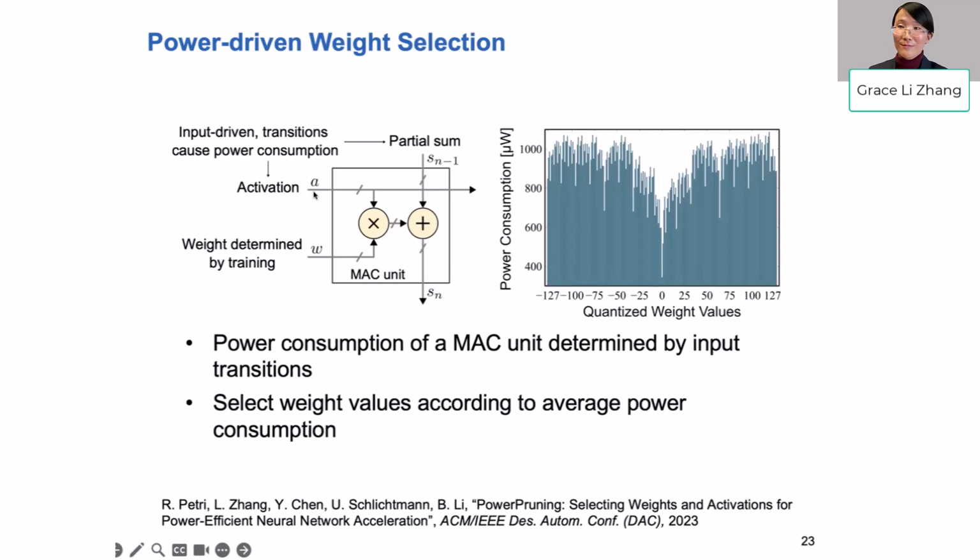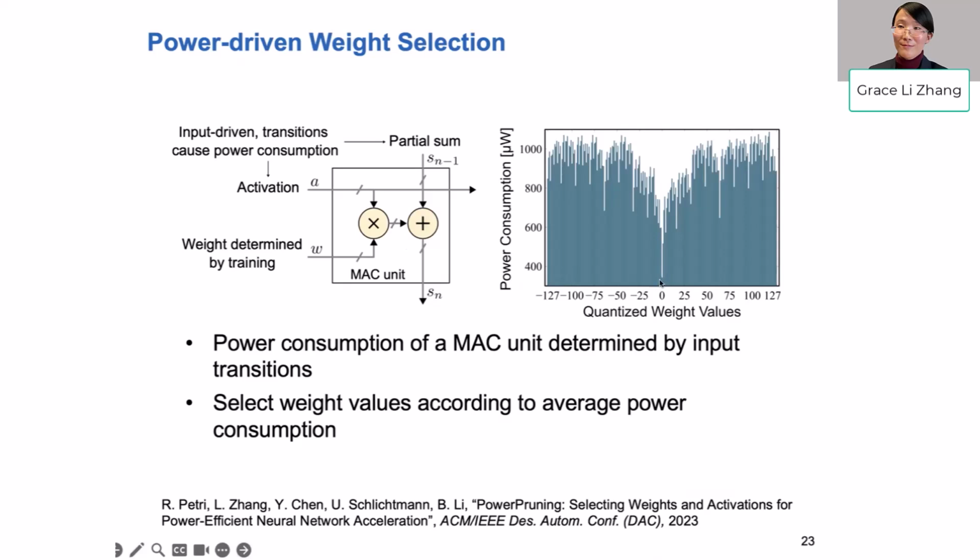For each transition, we recorded the power consumption, and we enumerated all the transitions and used the average power consumption in this figure. So in this figure, we see that with 8-bit quantization, we only have 256 types of weight values. For different weight values, we have different average power consumptions.